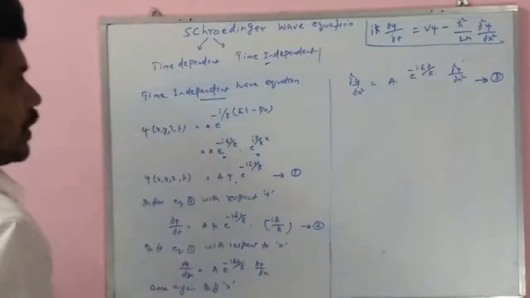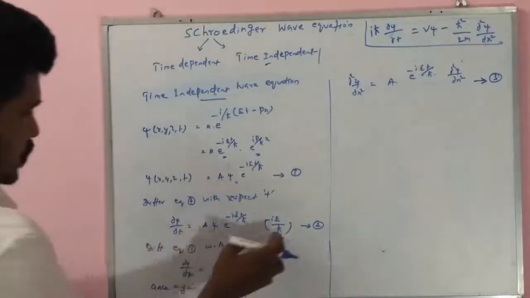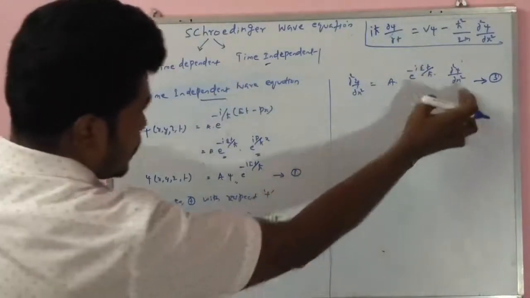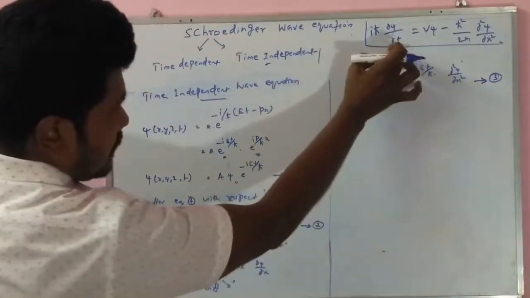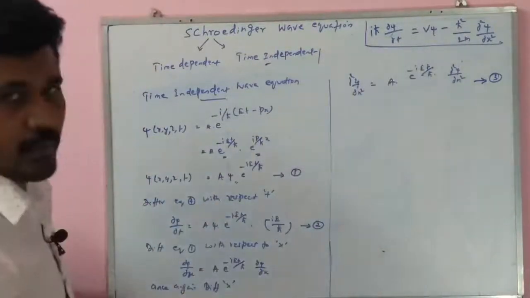Now, this is equation number 1, 2 and 3. Substituting equations 2 and 3 into the time dependent wave equation.